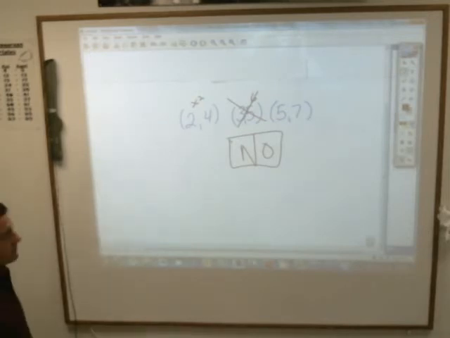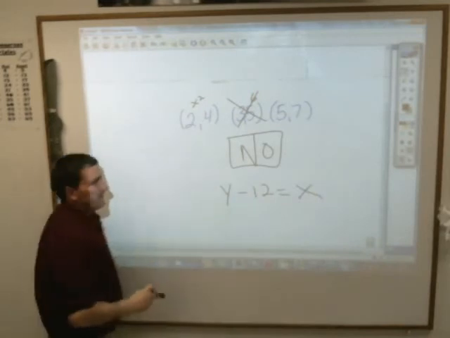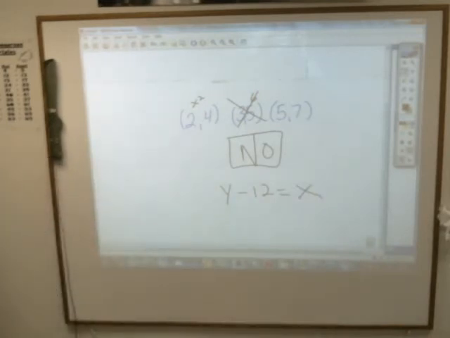How about this? Y minus 12 equals x. If I asked you if that was direct variation, yes or no?